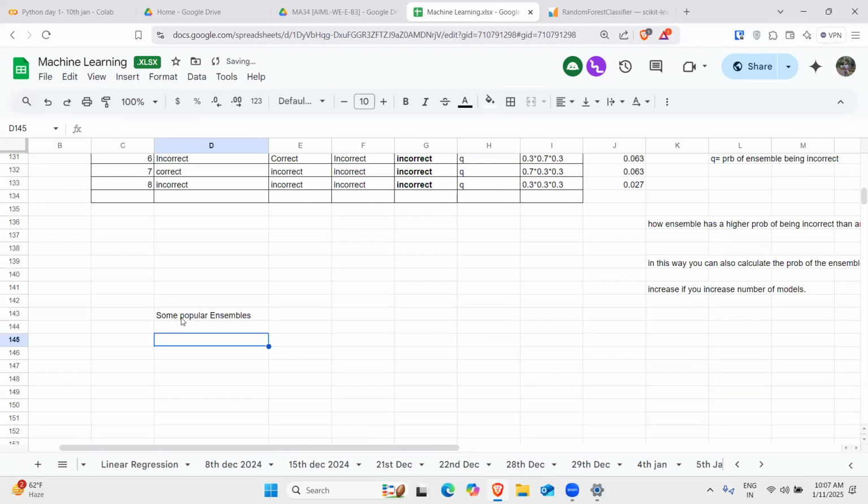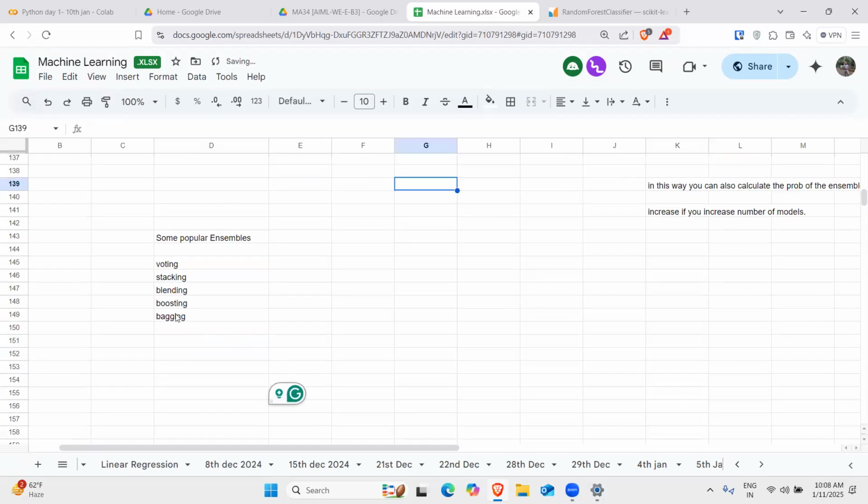Now that you have a good understanding of what ensemble models are, let's look at some popular approaches to ensemble models such as voting, stacking, blending, boosting and bagging.